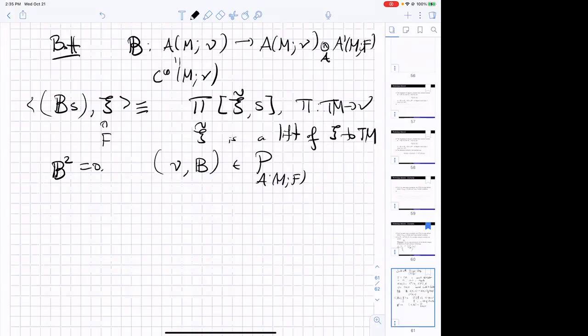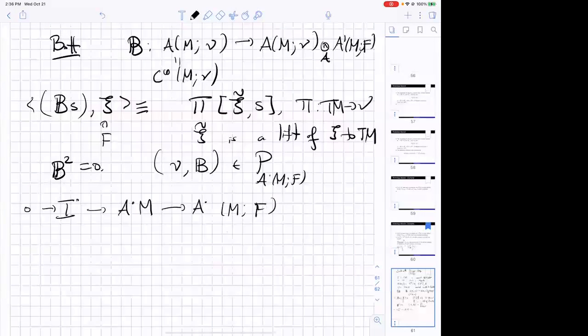Okay, so now we have the following diagram. There is a natural map that goes from forms on M to forms on this DGA. This is just dual to the natural inclusion.